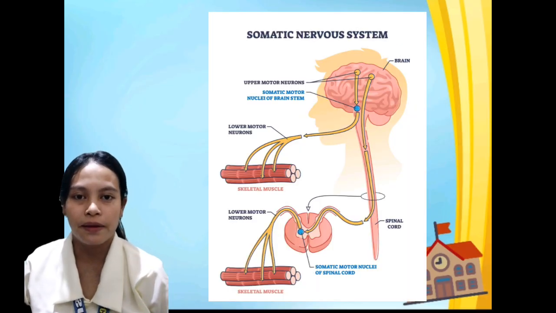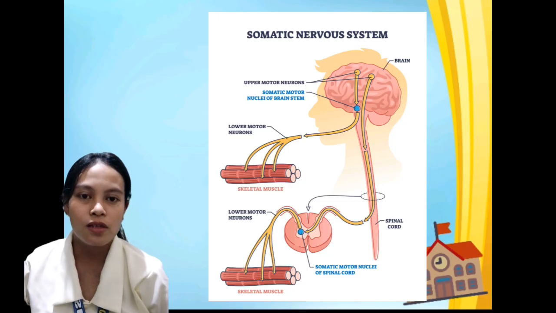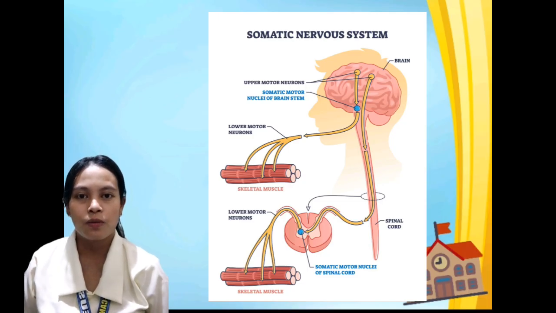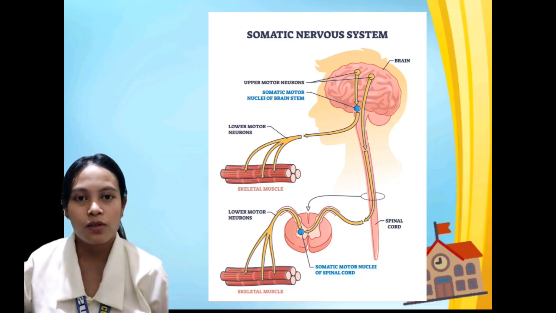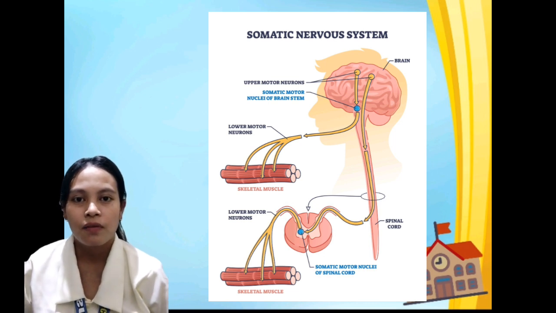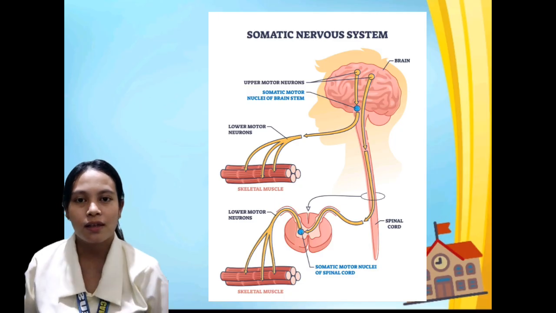The somatic nervous system consists of peripheral nerve fibers that pick up sensory information or sensations, and it also has motor nerve fibers that come out of the brain and take messages for movement and necessary action to skeletal muscles.